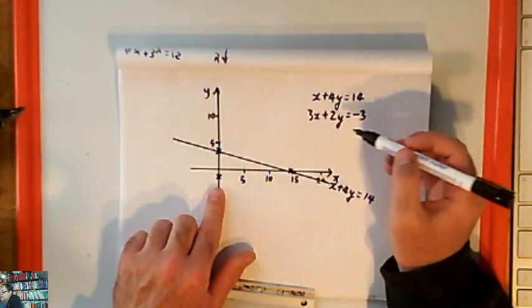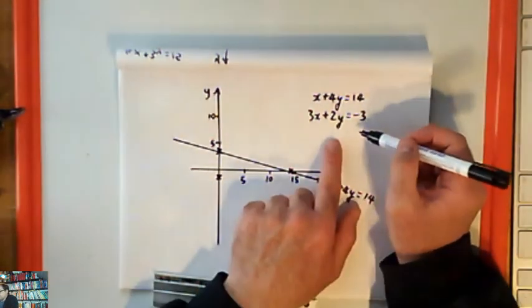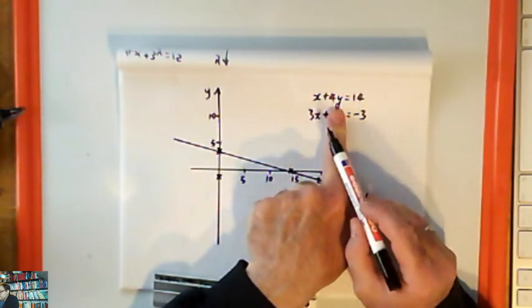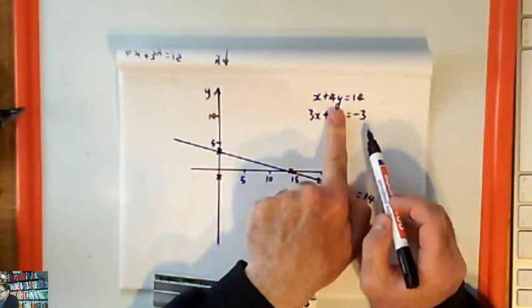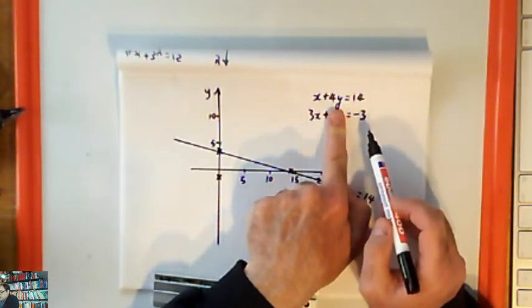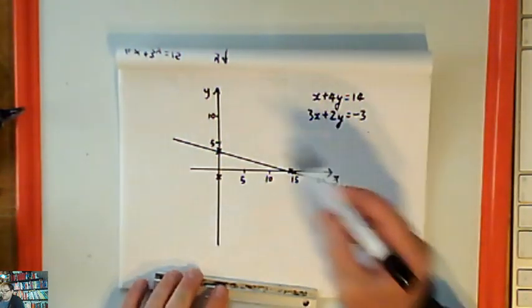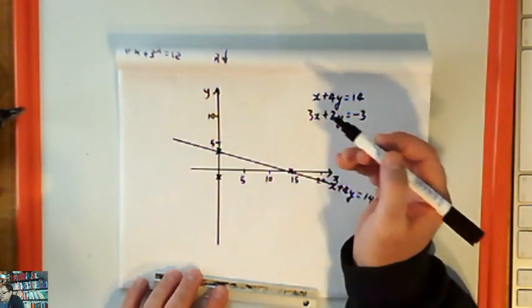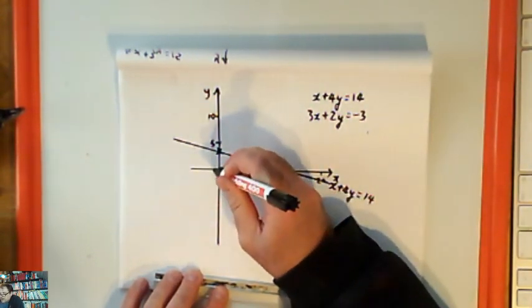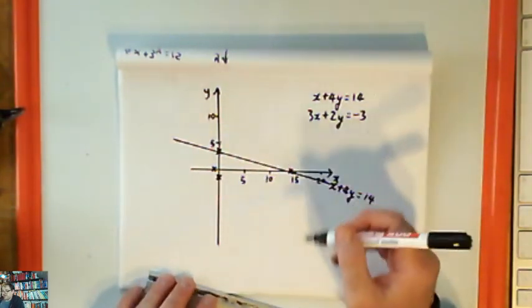Now I'm going to think about what happens if y is 0. So if y is 0, the middle bit disappears and we get 3x is minus 3. So divide everything by 3. x would have to be minus 1 to make that balance. So when y equals 0, x has to be minus 1 to make that balance.